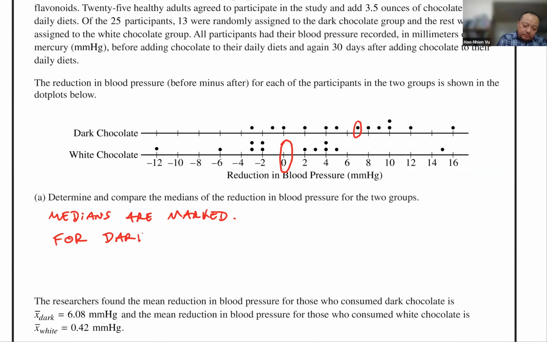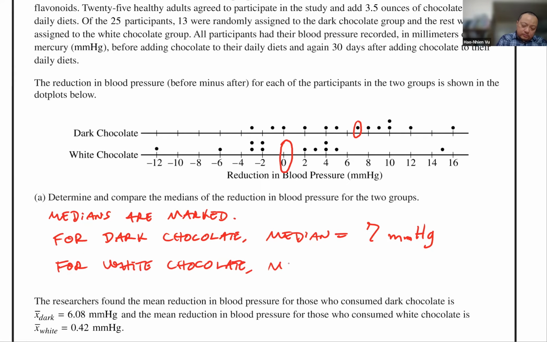For dark chocolate, the median is equal to, looks like 7. For dark chocolate, median equals 7. For white chocolate, median equals 0.